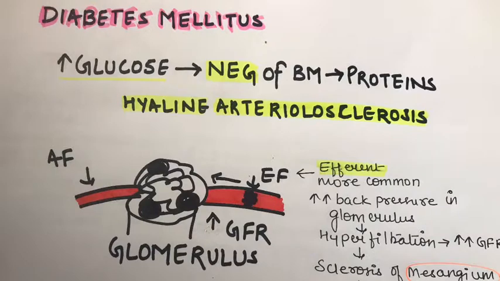hyaline arteriolosclerosis. Hyaline arteriolosclerosis develops in both the efferent arteriole and the afferent arteriole. The efferent arteriole is where this most commonly occurs. Due to the narrow lumen, which eventually develops due to arteriolosclerosis, there is an increase in the back pressure in the glomerulus.